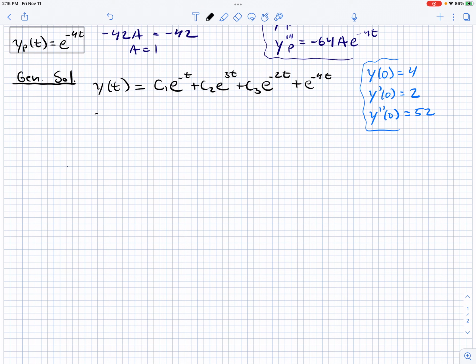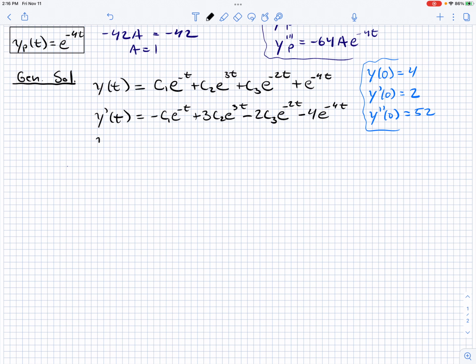Taking the derivative of our function, negative c1 e to the negative t using the chain rule, plus 3c2 e to the 3t minus 2c3 e to the negative 2t minus 4 e to the negative 4t.